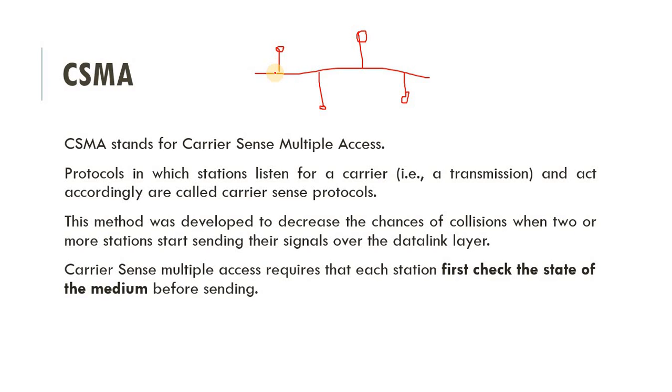At the end of each node there is one transmitter. It checks whether there is a signal on this channel or not. Suppose A wants to send data to node D.